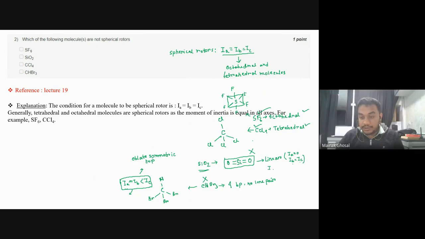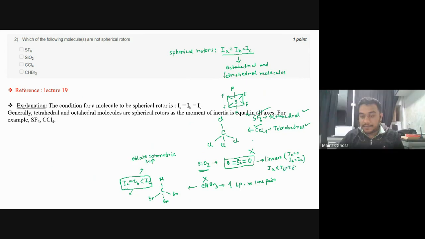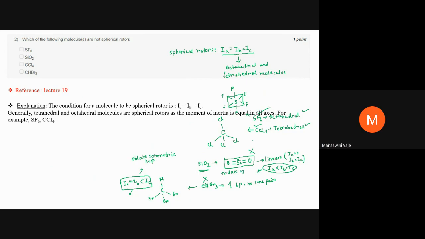So what should be the condition? It will be written as IA is less than IB, prolate molecule. Exactly, IB is equal to IC. So it will be a prolate symmetric top. Right? Yes, sir.